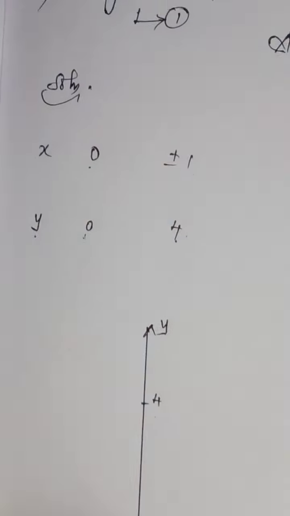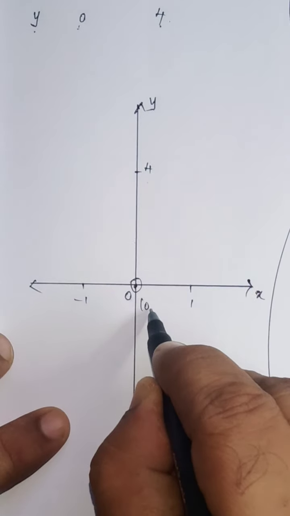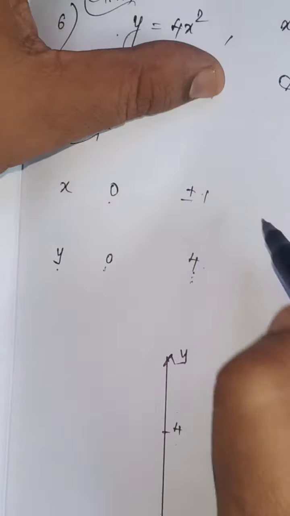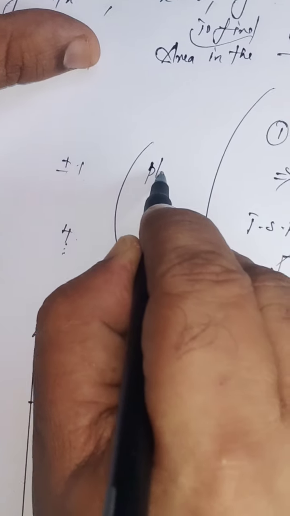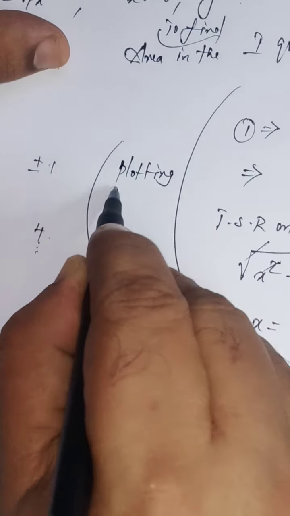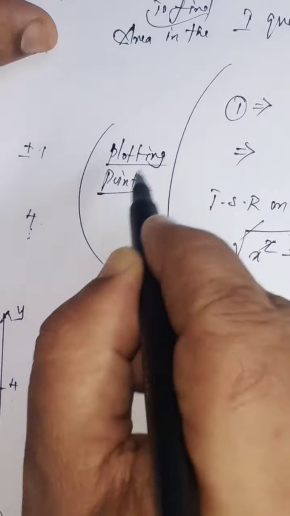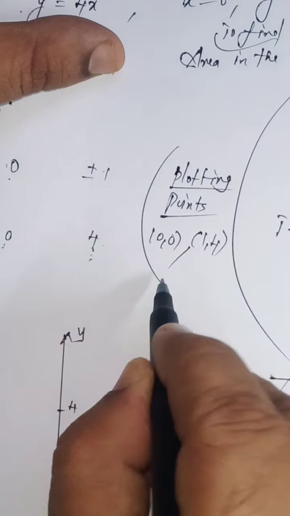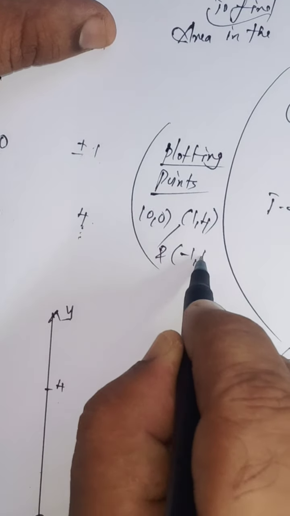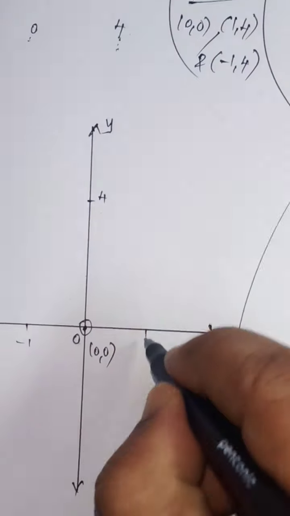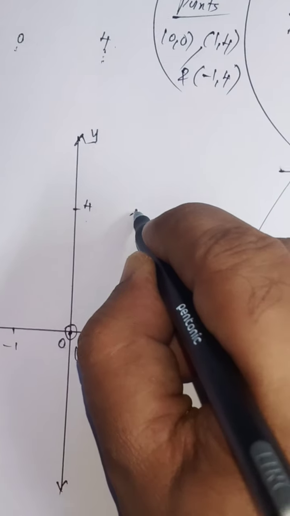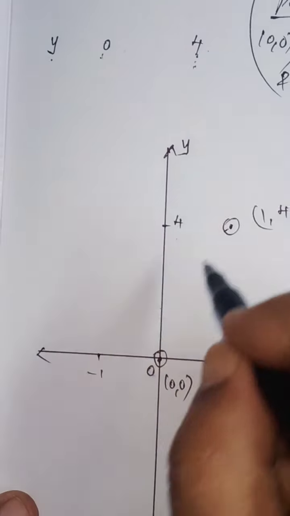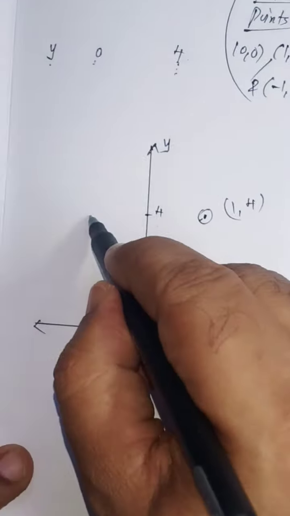First point 0, 0. Second one 1, 4 and minus 1, 4. For your reference, here plotting points 0, 0, 1, 4 and minus 1, 4. So 1 comma 4, 1 on the x-axis, 4 on the y-axis, here it is. Minus 1 comma 4, another point, minus 1 on the x-axis, 4 on the y-axis.